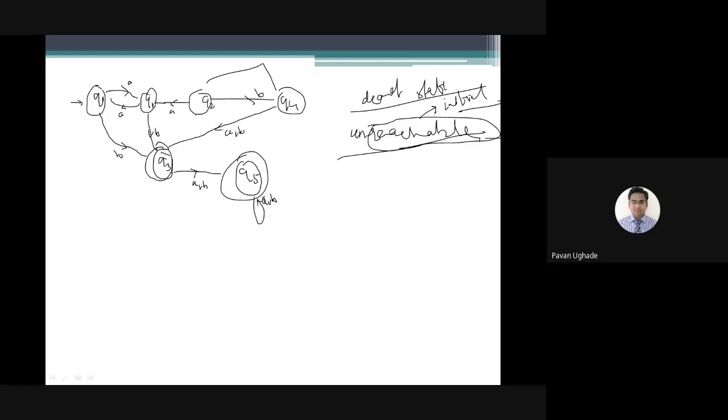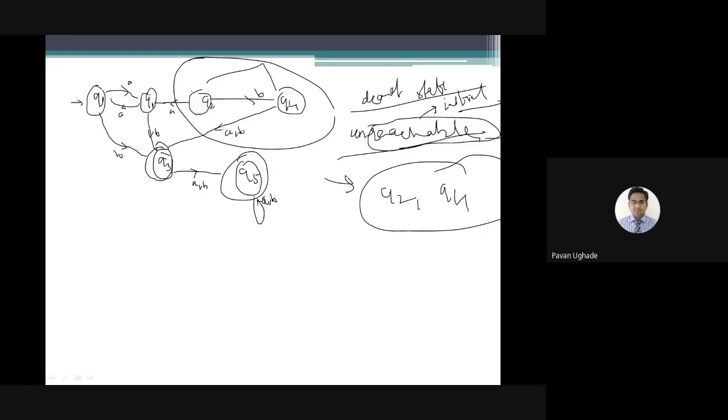Can you tell me whether your states q2 and q4 are reachable from the initial state? Just check it out, guys. How will you reach q2? Because you will start your processing from q0, right? So it should be reachable. If it is not reachable, then there is no meaning of holding them in this automata. Are you able to reach q2 in any way?